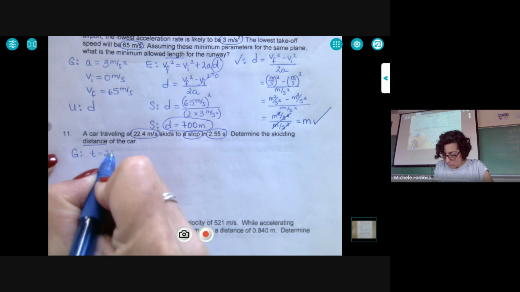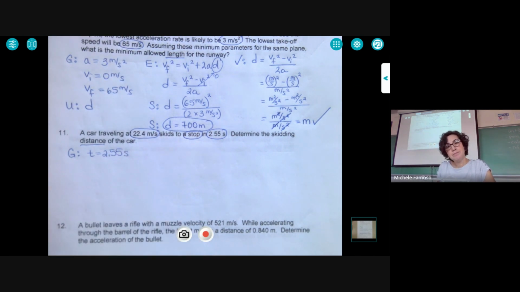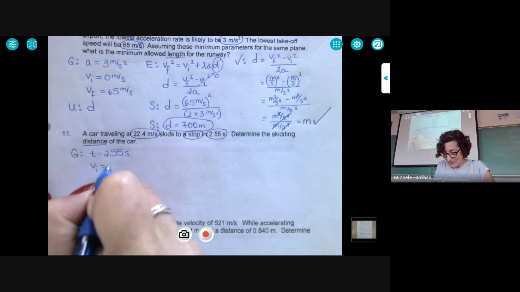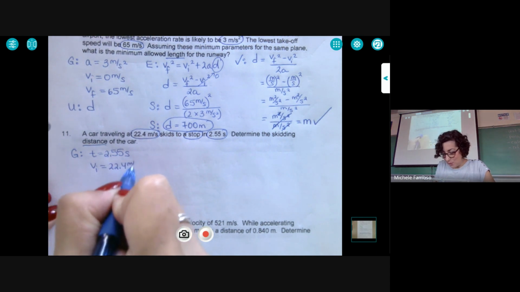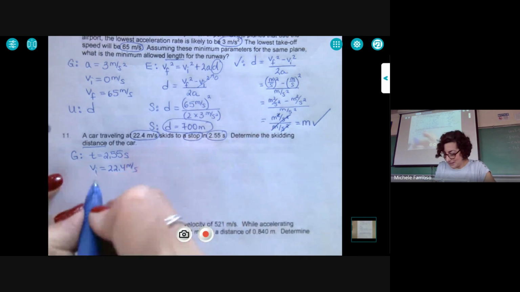Good. Addie, another given? Oh, hold on one second. Is it initial velocity? That's right. And what does it mean if you come to a stop? Jack, what does that mean? Final velocity is 0. That's it.